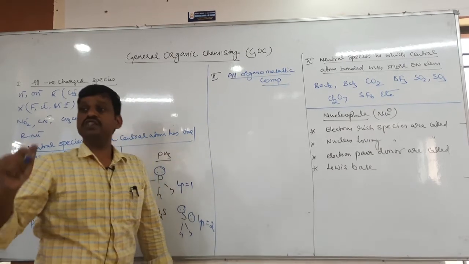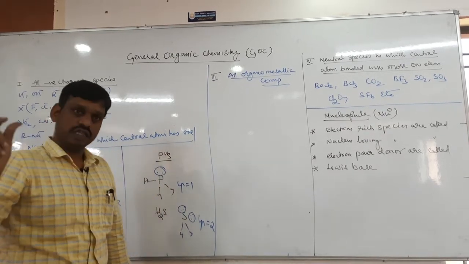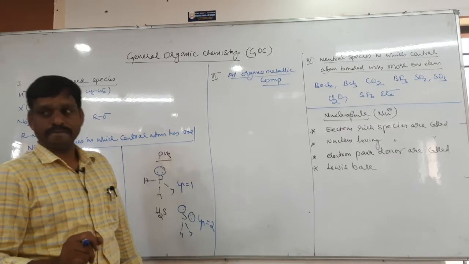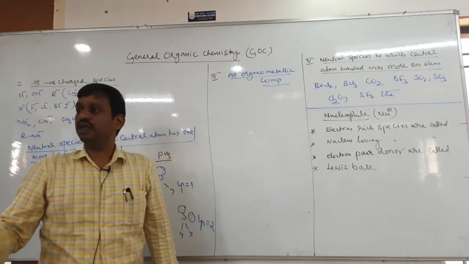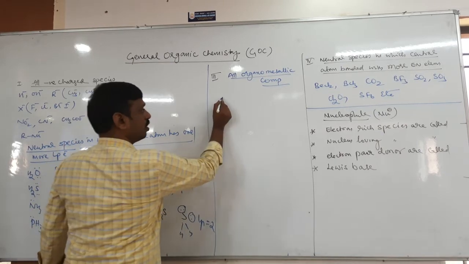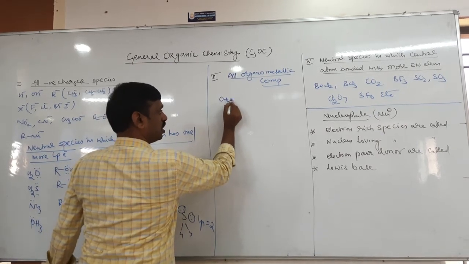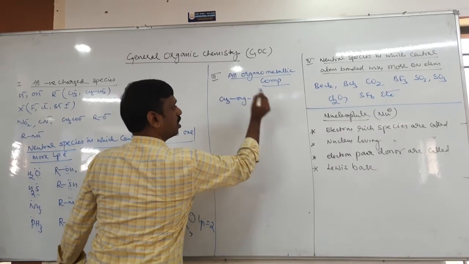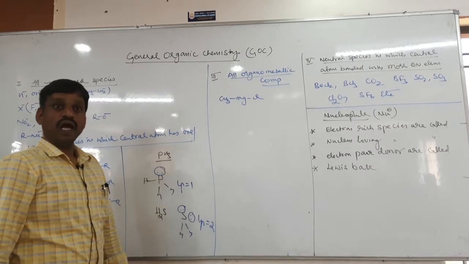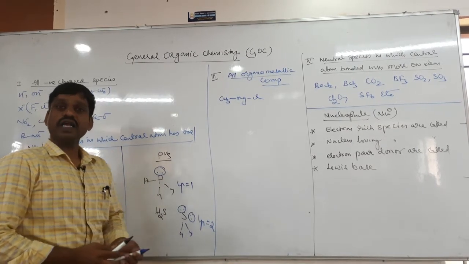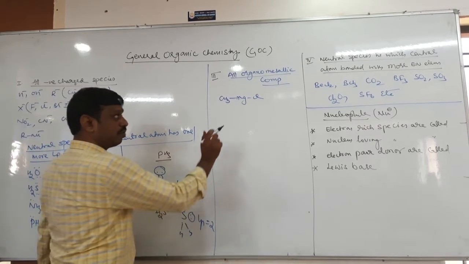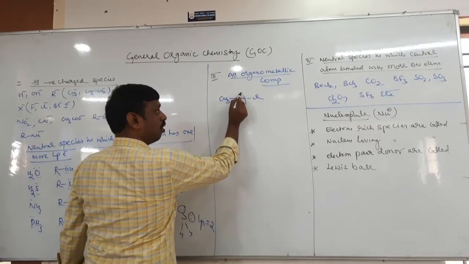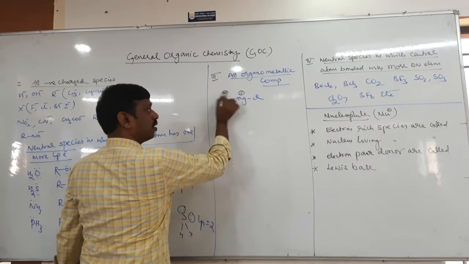For example RMgX, lithium compounds, copper compounds, many are there, where there is a bond between carbon and metal. For example Grignard reagent, CH3MgCl, an alkyl magnesium halide. Alkyl magnesium halide is an organometallic compound because there is a bond between metal and carbon, metal always positive, carbon negative.